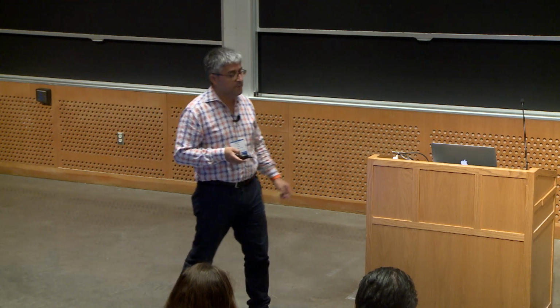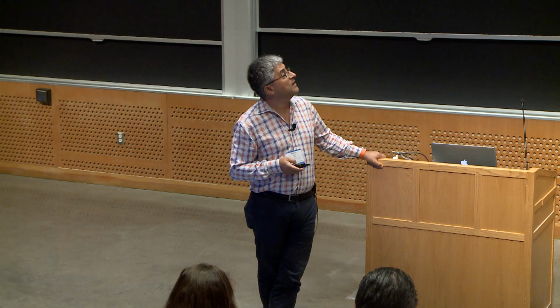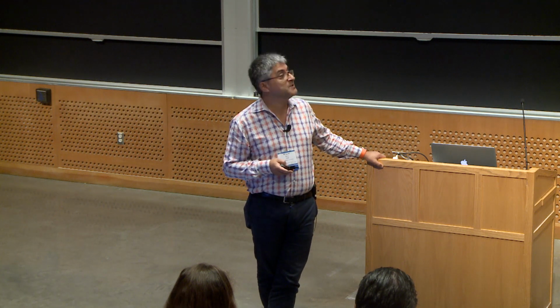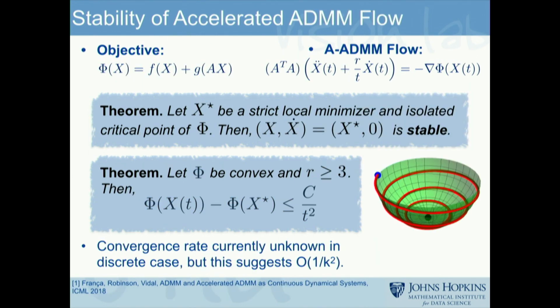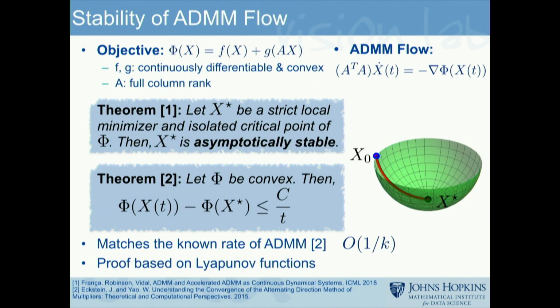For those of you who are in controls, which is probably the vast majority, simple things from controls can be used. For example, you can show that if you make assumptions of continuity and differentiability on the objective, and full rank, as I mentioned before, then a strict local minimizer is asymptotically stable.